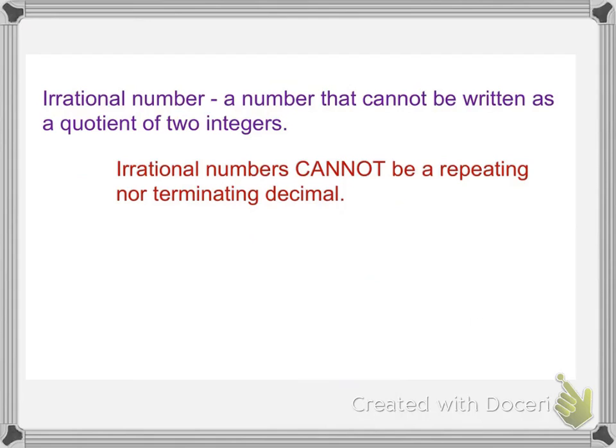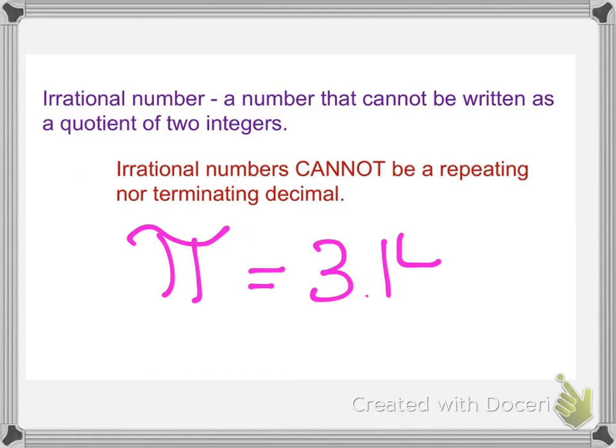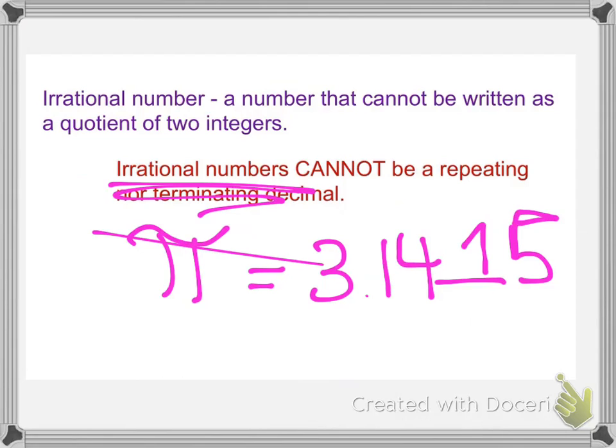So for example, an irrational number can be pi, which is equal to 3.14 and a bunch of other numbers that I forget. But as you can see, it goes on, and that's an irrational number, so this is not a whole number, nor a regular number.